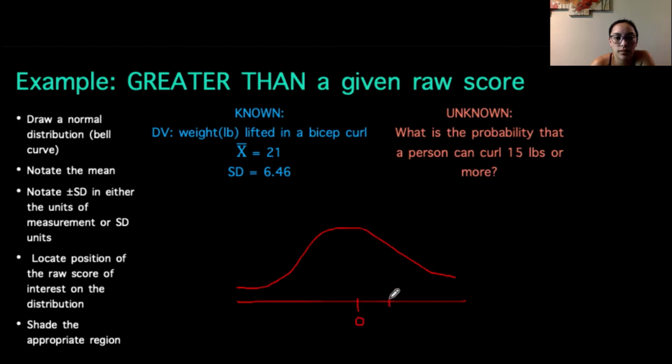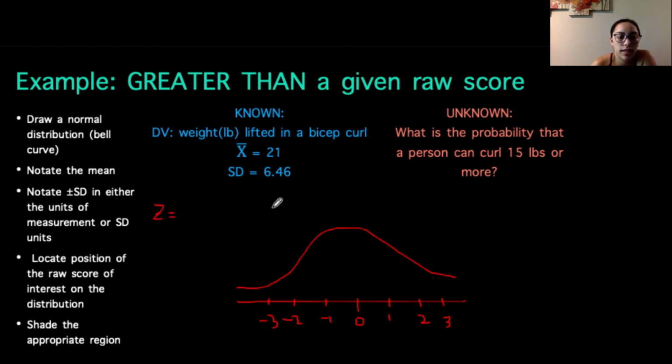Again, we do 0, plus 1, 2, 3 standard deviations from the mean, and minus 1, minus 2, minus 3 standard deviations from the mean. In this example, we have the same mean and standard deviation.